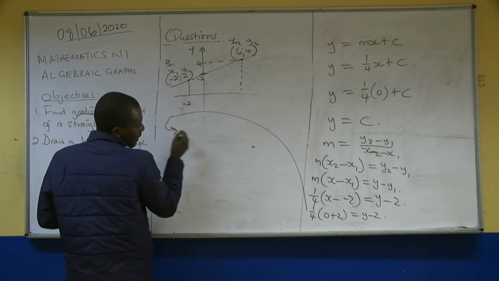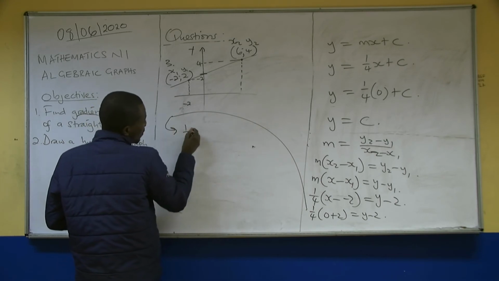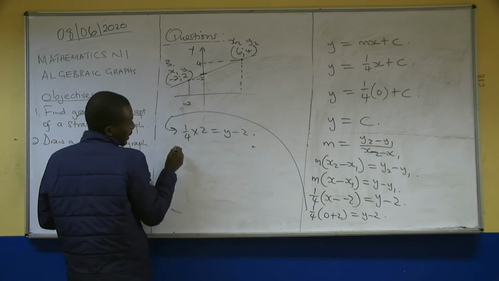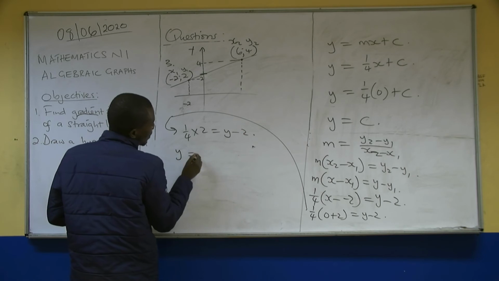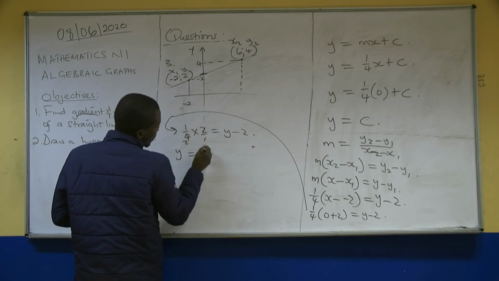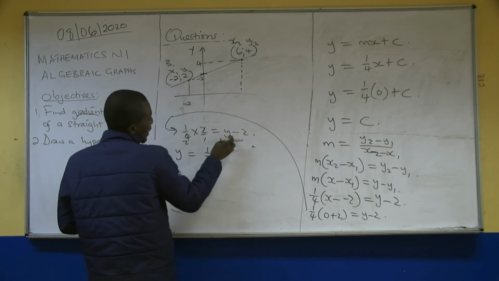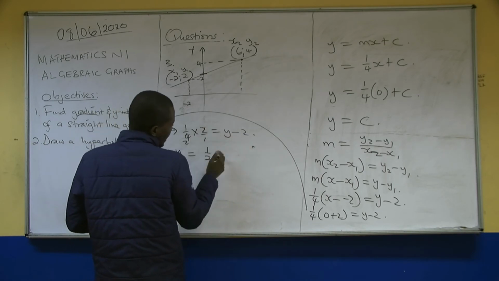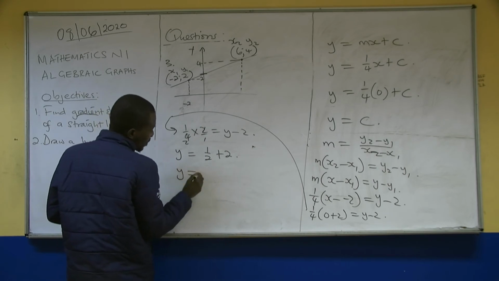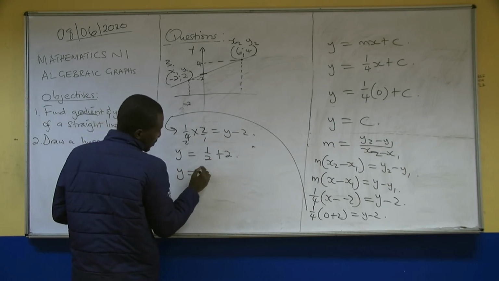So from there, if I am to take it here, we have 1 over 4 times 2 is equal to y minus 2. Or y is equal to, if I multiply here, I get a 2, which is like I've got half. This one coming this side, it becomes a plus 2.